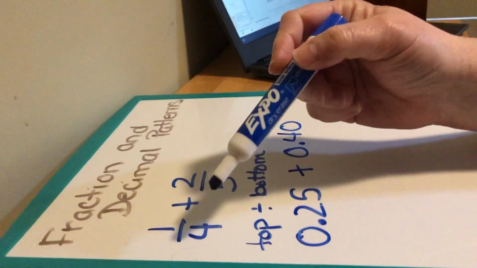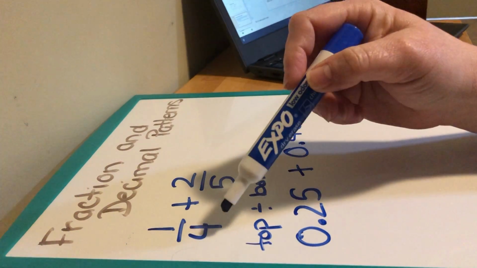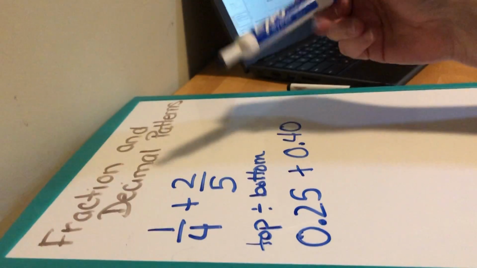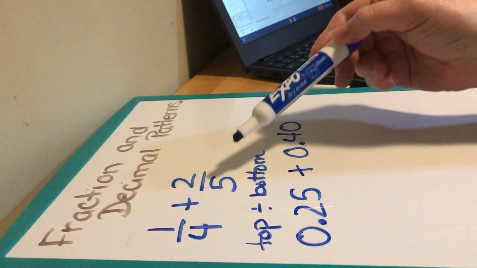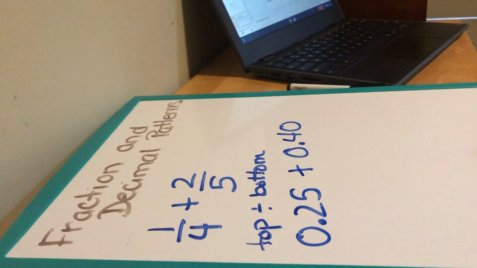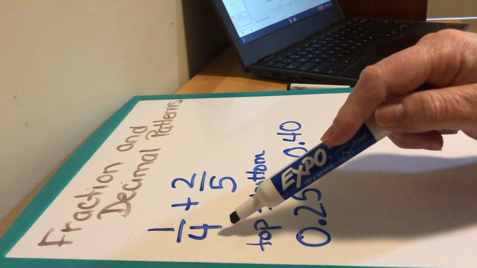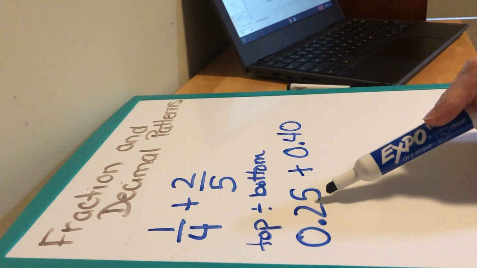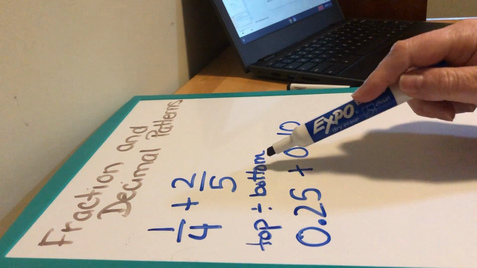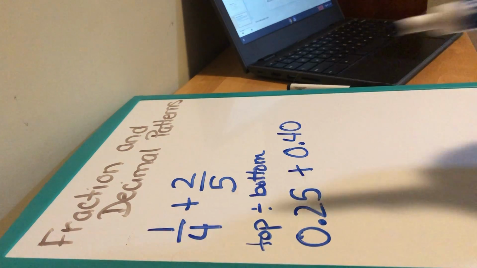So it's pretty tricky adding up fractions with unlike denominators. And we talk a little bit more about that again next week. But this way is really a sort of a fun way to do it. So I change each of the fractions into its decimal equivalent by using top divided by bottom on a calculator.